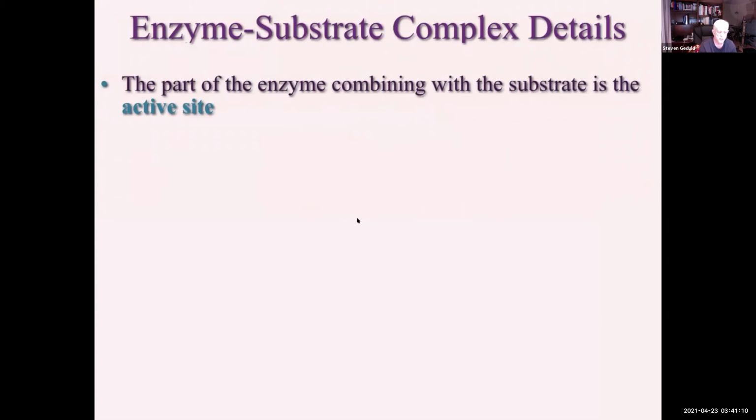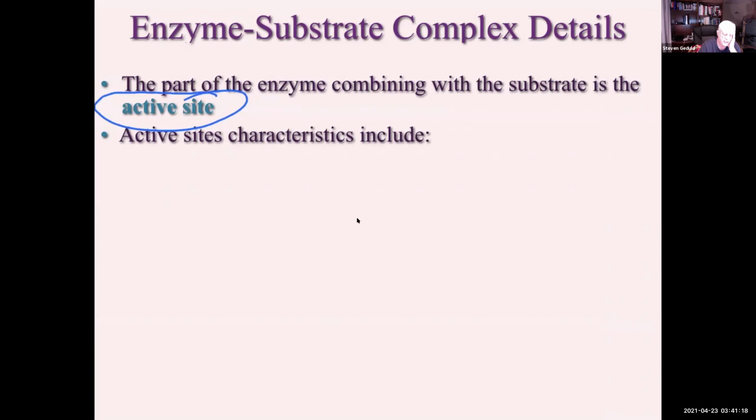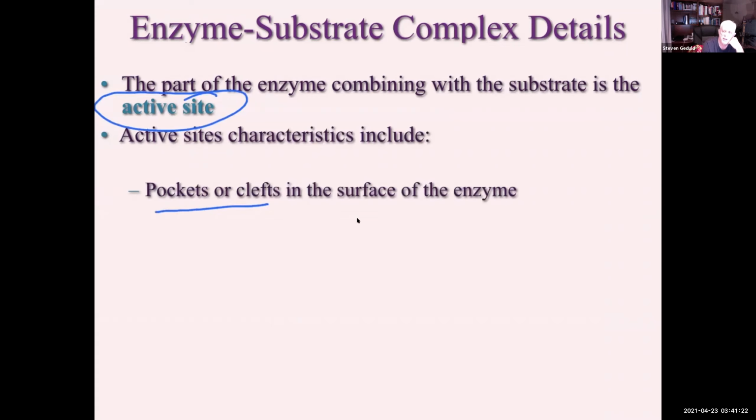Okay. So the part of the enzyme combining with the substrate is what we call the active site. That's the active site of the enzyme. Active site characteristics include pockets or clefts in the surface of the enzyme. Remember, everything works by shape. So if you have a pocket or a cleft where a substrate can adhere, that's what it's going to do.